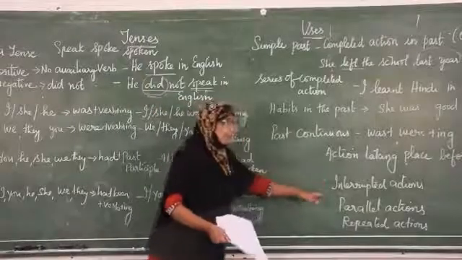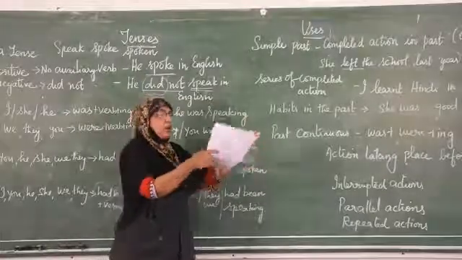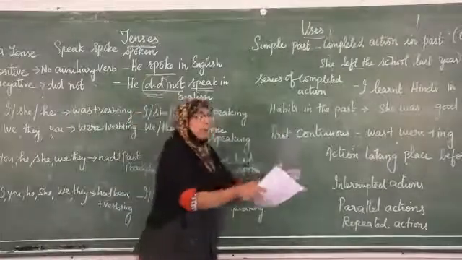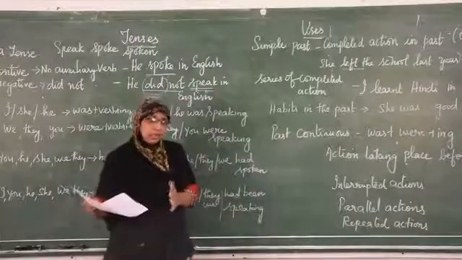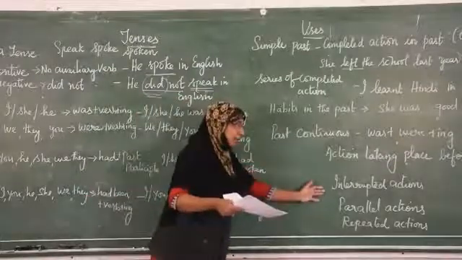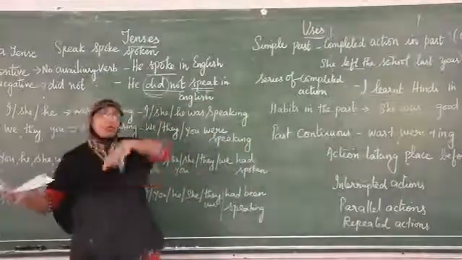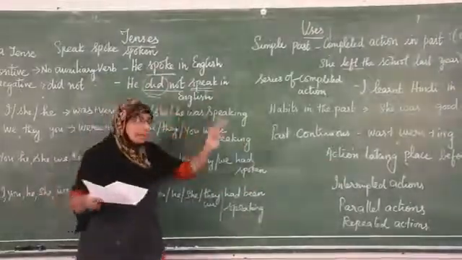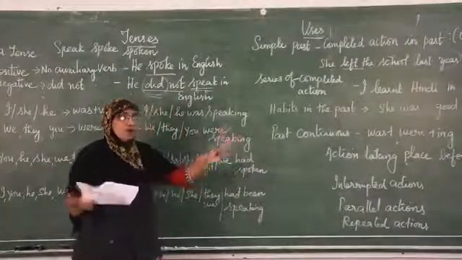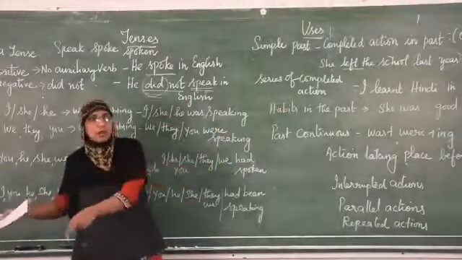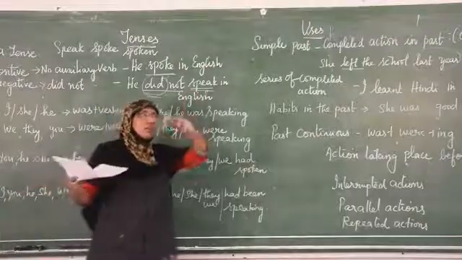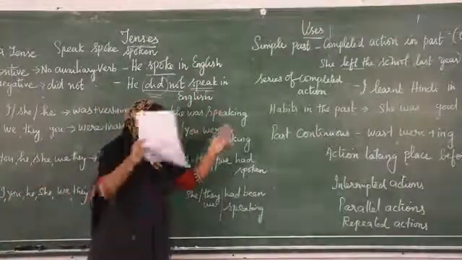Then interrupted action, when something is going on. While I was studying, my friend called me. Clear? So that means what? Interrupted actions. Parallel actions. Two actions were going on in the past simultaneously. While I was cooking, my sister was sleeping. Which were the two actions going on at the same time in the past?